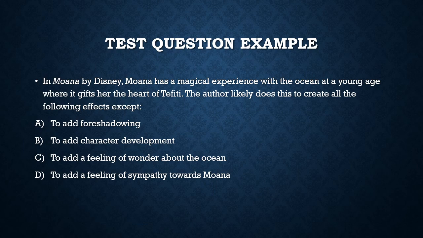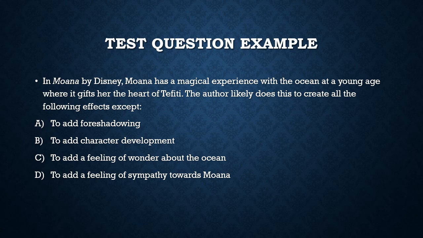To add foreshadowing, do we think that this part of the text, where she's a baby and everything, has foreshadowing in it? Well, it does include the heart of Te Fiti, and we also see that she's chosen by the ocean, so I certainly think that there is foreshadowing there, suggesting that she's going to do something important with the ocean. So I would think that that is an effect.